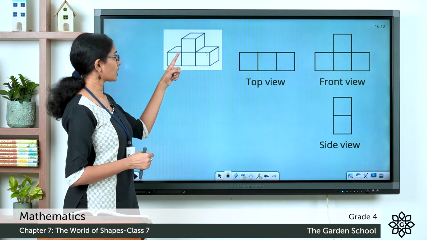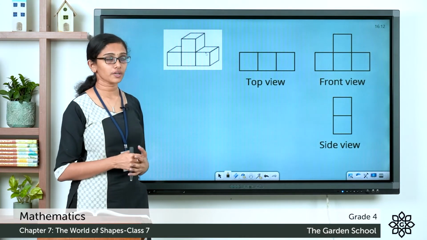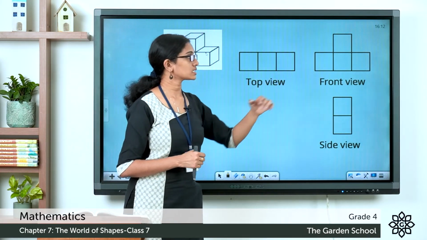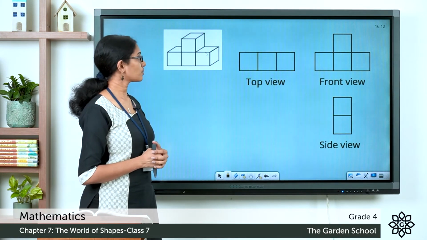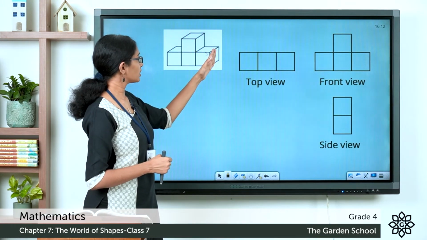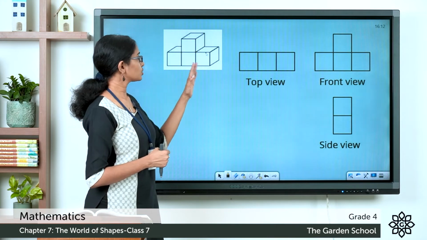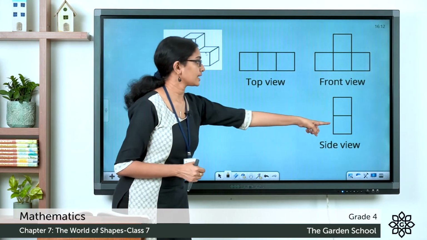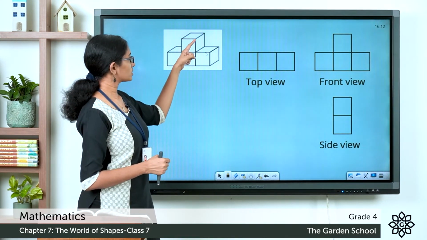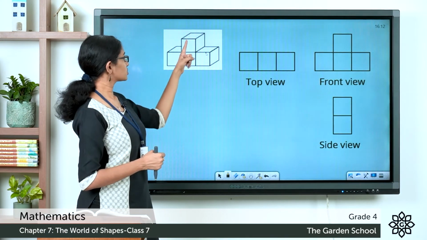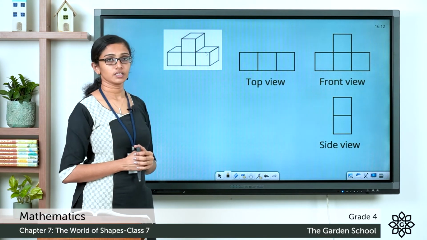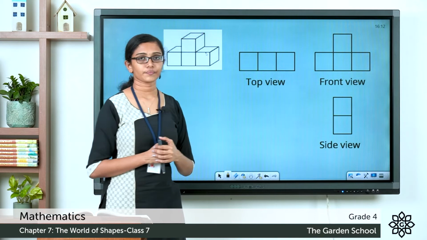You're going to see 1, 2, 3, 4 cubes which look like this. Now from the side, if you are viewing it from the left or the right, you are going to see 2 cubes, these 2 cubes, and not the one in the middle. So your side view will look like this.